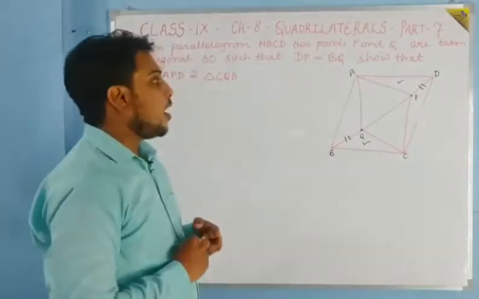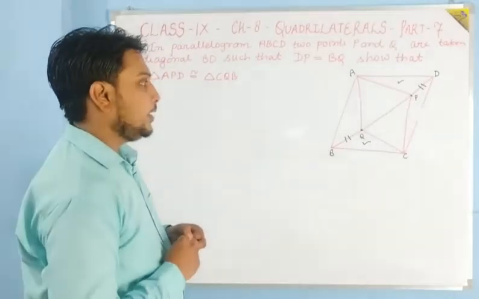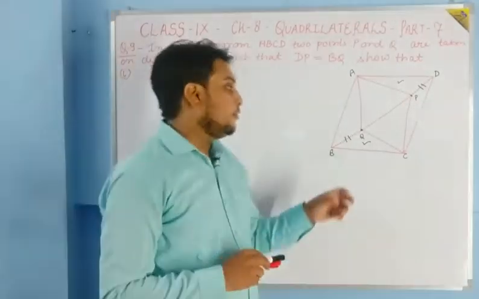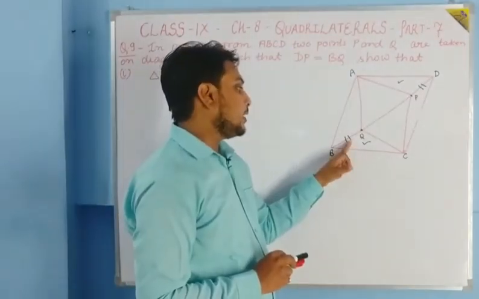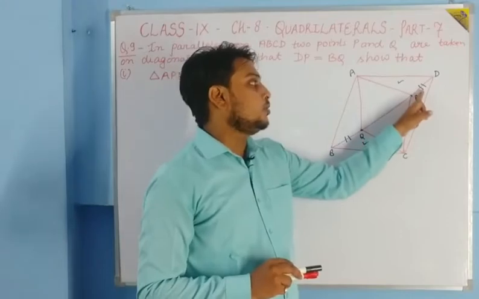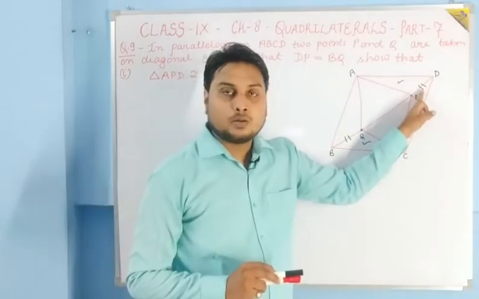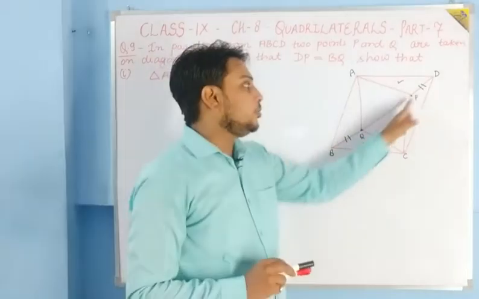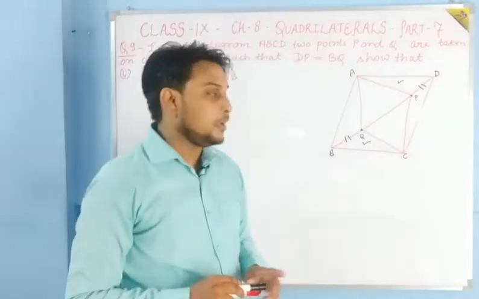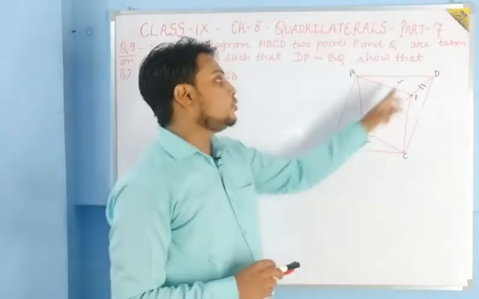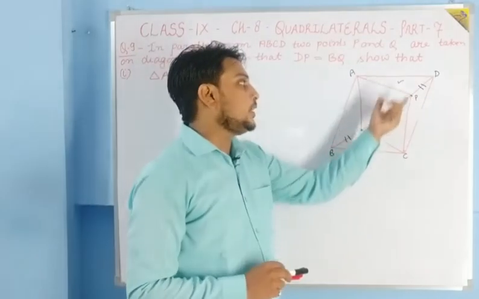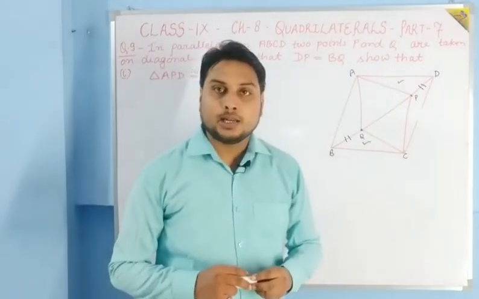So how we can show, students? Let us see. First thing that we are having, that this side is equal to this side. It is given that DP is equal to BQ. So one thing we are having, that is side. Second thing is that in these two triangles, the side BC and the side AD are containing.